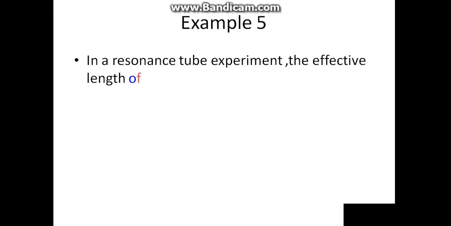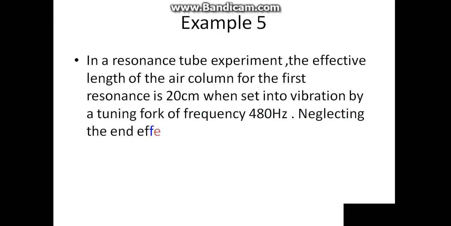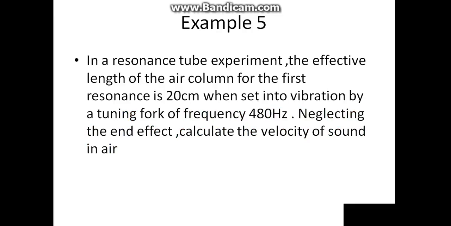Example 5. In a resonance tube experiment, the effective length of the air column for the first resonance is 20 cm when set into vibration by a tuning fork of frequency 480 Hz. Neglecting the end effect, calculate the velocity of sound in air.